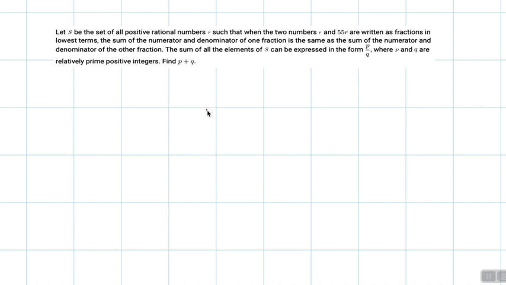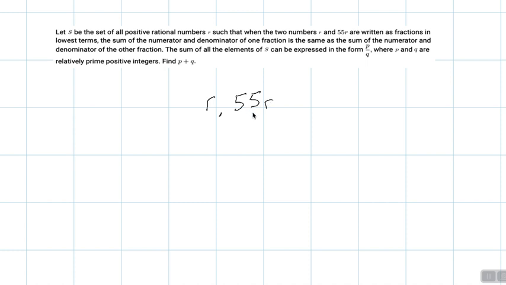So we're going to look at R and 55R. For values of R, we want to consider values whose denominators divide 55.